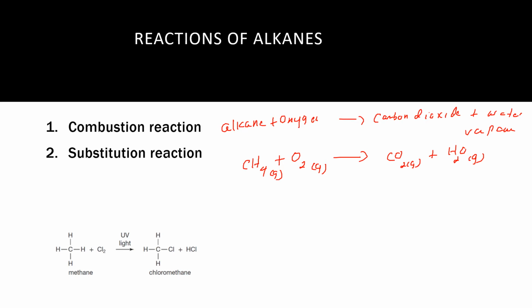So one carbon, two hydrogens, therefore 2 here, oxygen then 4, therefore 2 of them here. So this is the combustion reaction of alkanes. All alkanes are like this. Not only alkanes, alkenes also do the same thing. What are the products? The products are carbon dioxide and water. These are the two products.